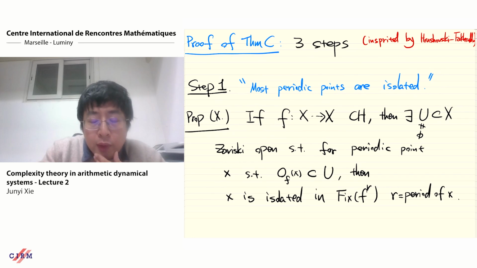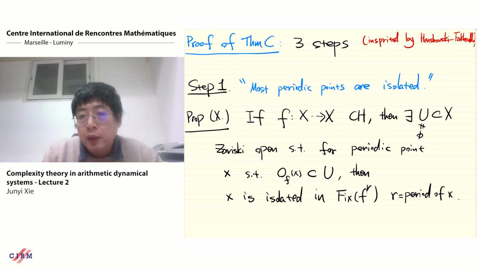So we see that the set of fixed points of Fr is some Zariski closed subset in X, and it may have many components. Some components are of dimension larger or equal to 1, and some irreducible components are just a point, so it's zero dimensional.